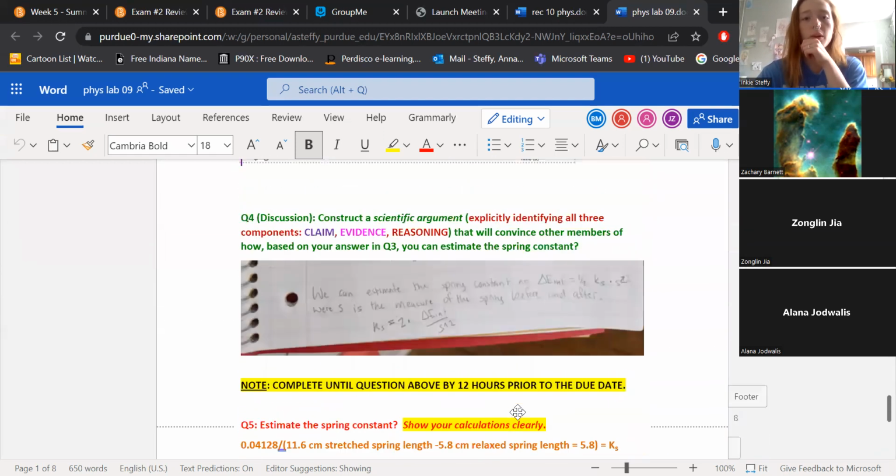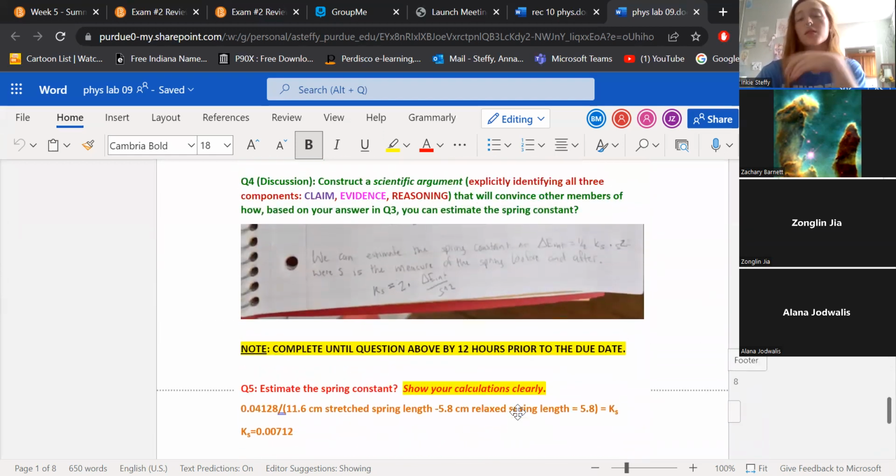Next one, which is another one of these scientific arguments, except for estimating the spring constant.